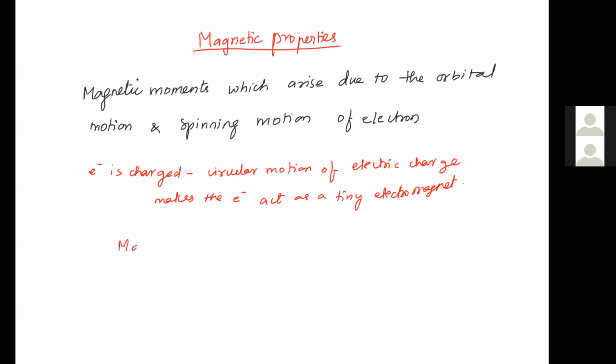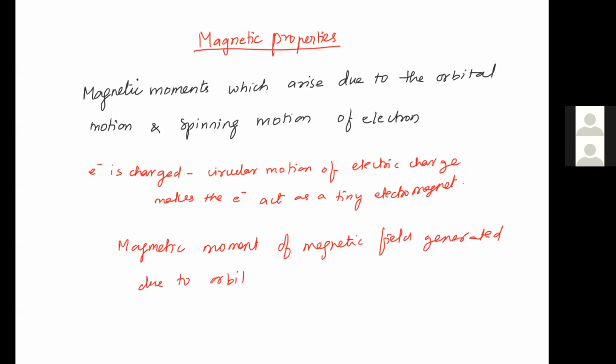So the magnetic moment of magnetic field is generated due to orbital motion of electron. The field generated due to the orbital motion of the electron is along the axis of rotation.